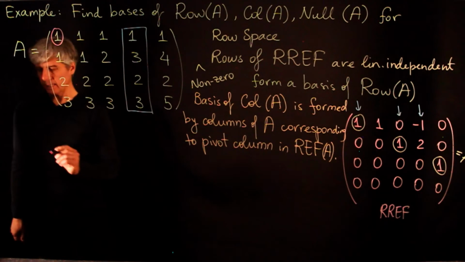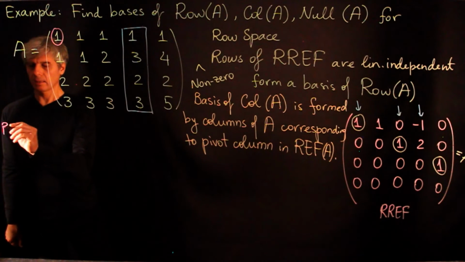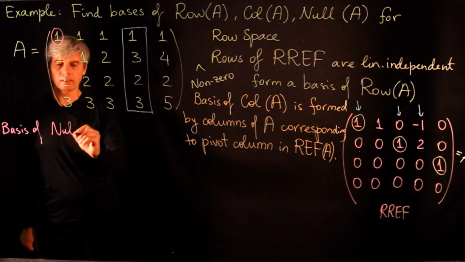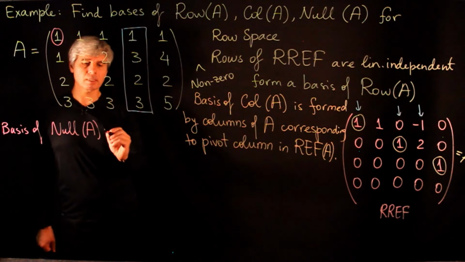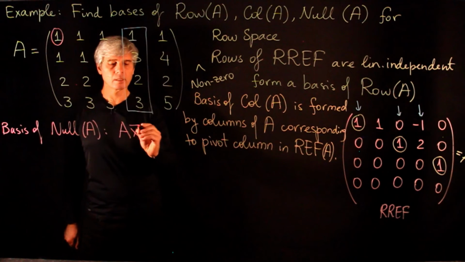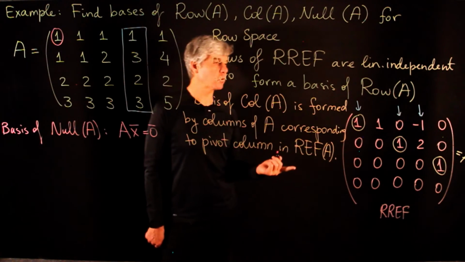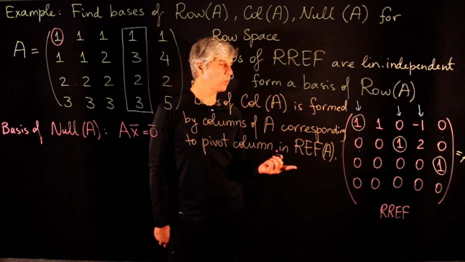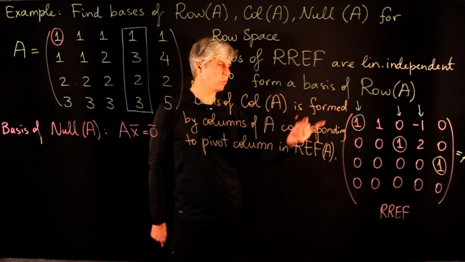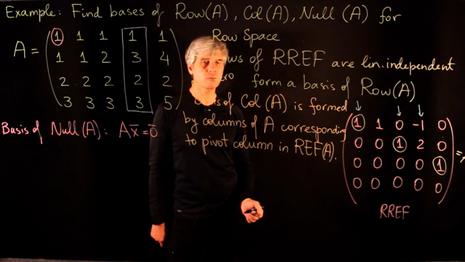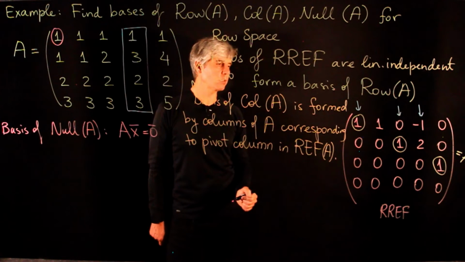So finally, let us look at the basis of the null space of A. So this means that we're looking at the set of solutions of AX equals 0. And this is something that we have done before. So what we do is we have to write down a general parametric solution in vector form for this system of linear equations.